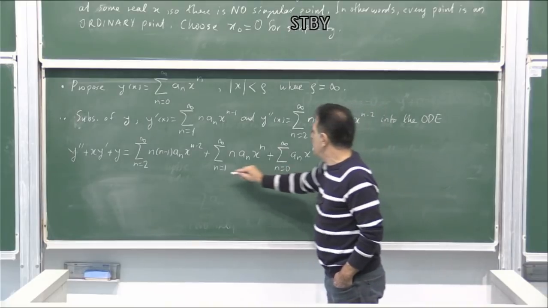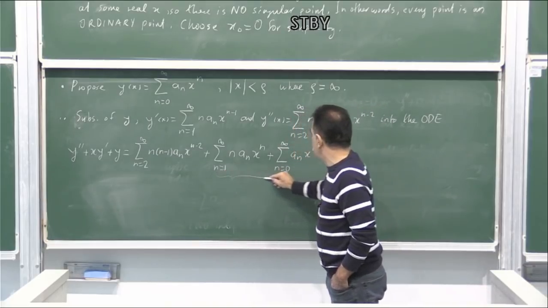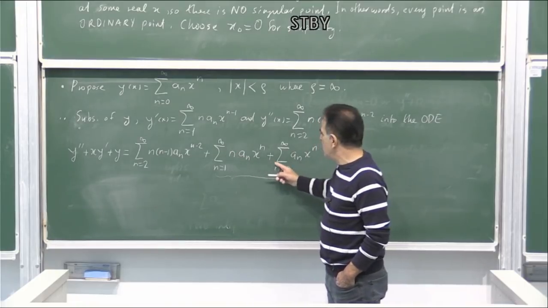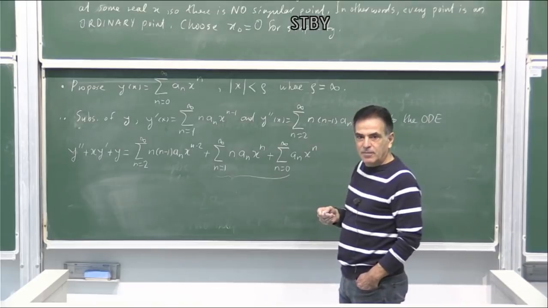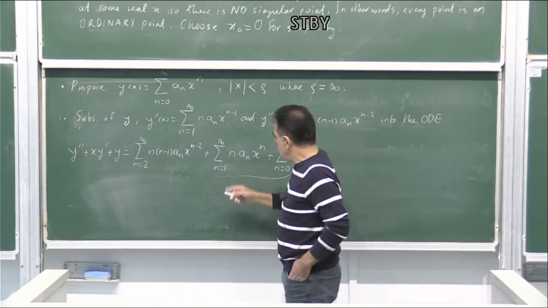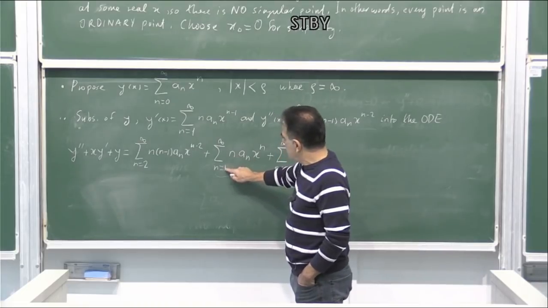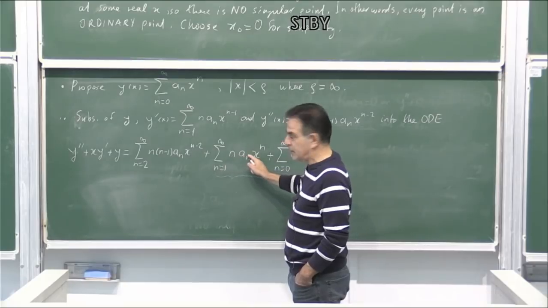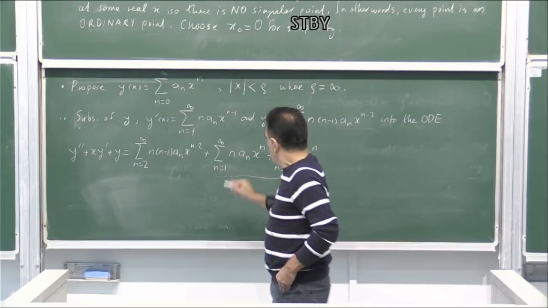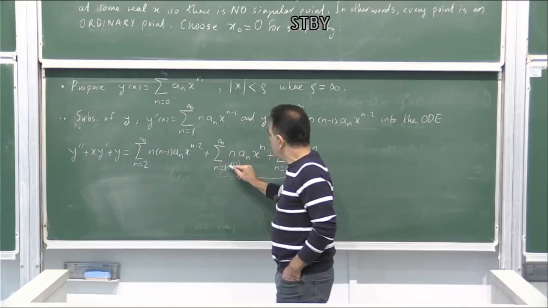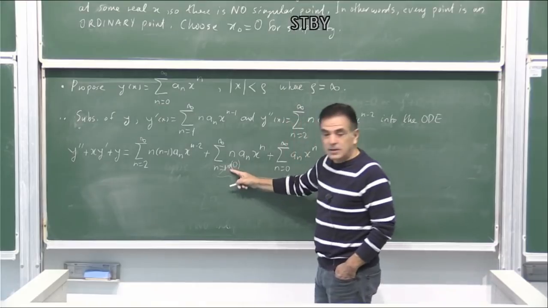And there is nothing to do with the second and third series. You can put them under one sigma sign. Actually, this series starts from 1 because the first term, when n is 0, is 0. So without any trouble, you may also start it from 0, if you want.